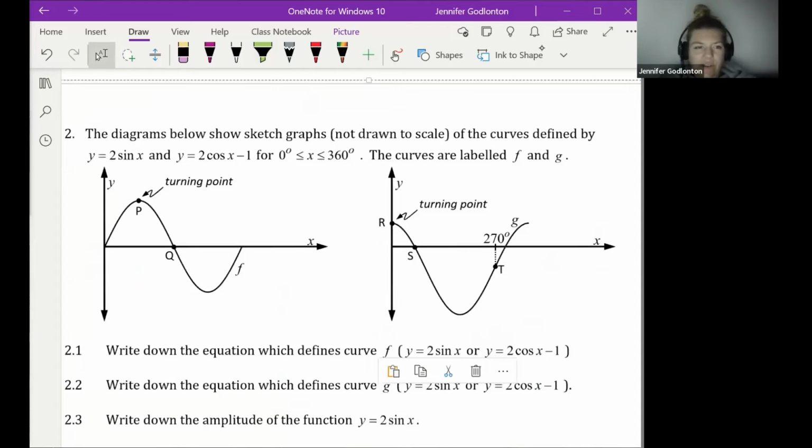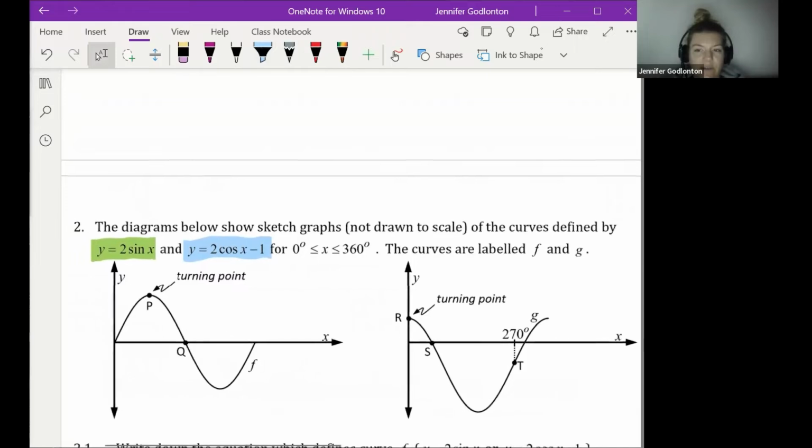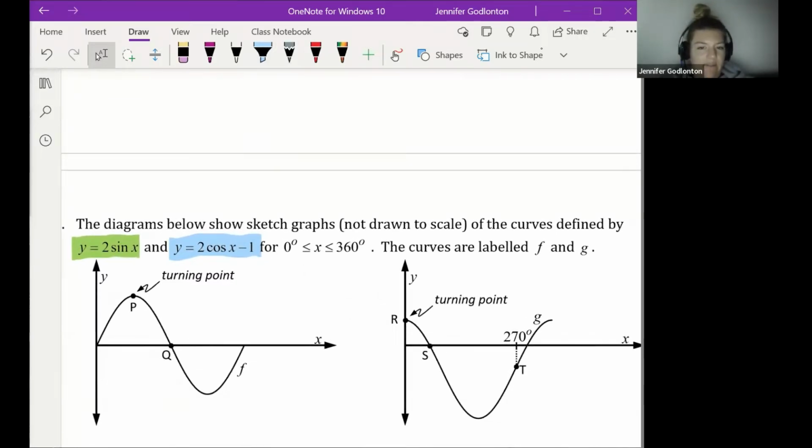The diagrams below show sketch graphs, not drawn to scale, of the curves defined by y is equal to 2 sine x and y is equal to 2 cos x minus 1 for the domain of 0 to 360 degrees. The curves are labeled F and G.